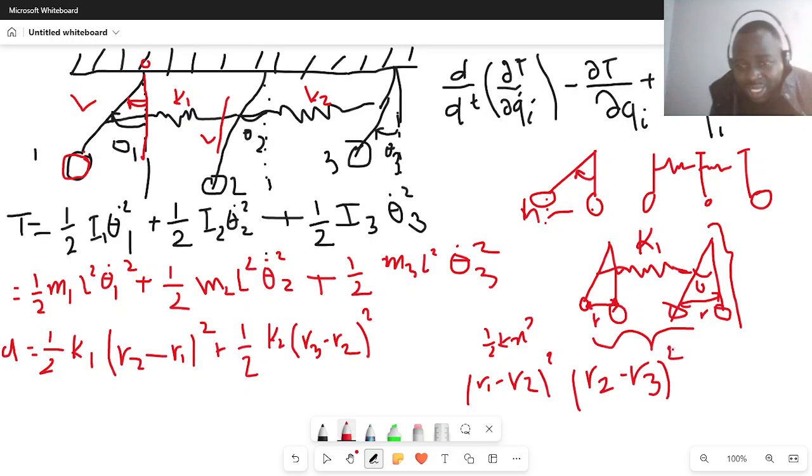If on the second one you said R3 minus R2, you are changing the order. When I said R1 minus R2, it means I am doing initial minus final, and I keep it like this throughout my solution. I do not change anything. It's either you keep initial minus final or final minus initial.